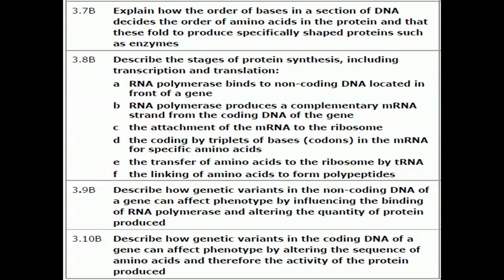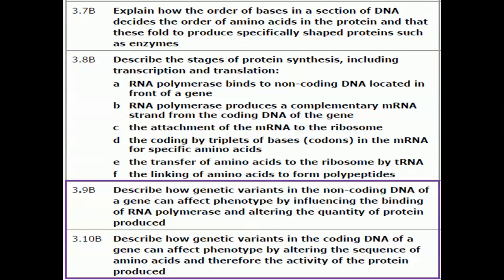So in the biology specification, you need to understand how mutations have an effect in both the gene and in the non-coding region in front of the gene. In specification 3.10b, we can see that if a mutation happens in the gene, it means that the order of bases is different, and that will code for a different order of amino acids, and therefore a different protein will be produced, affecting the phenotype.